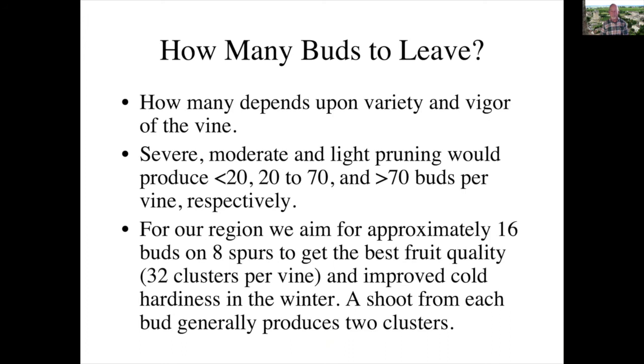And it improves the cold hardiness of the vines. So if you have too much fruit on your vine, you may not lose anything in the first year following, or even the second year, but by the third year, you will start to see reduced yields in your vines and perhaps an increase in vine death as a result of reduced cold hardiness.